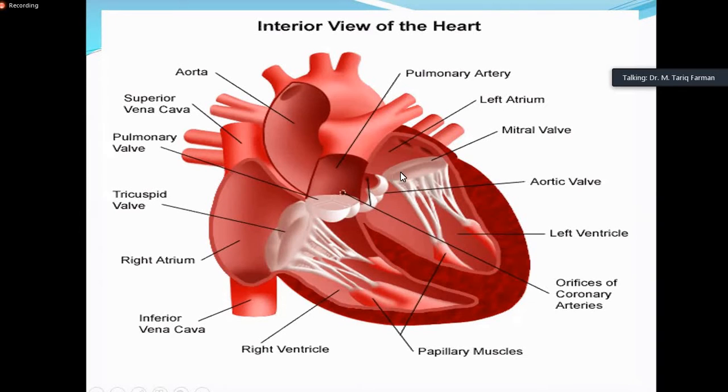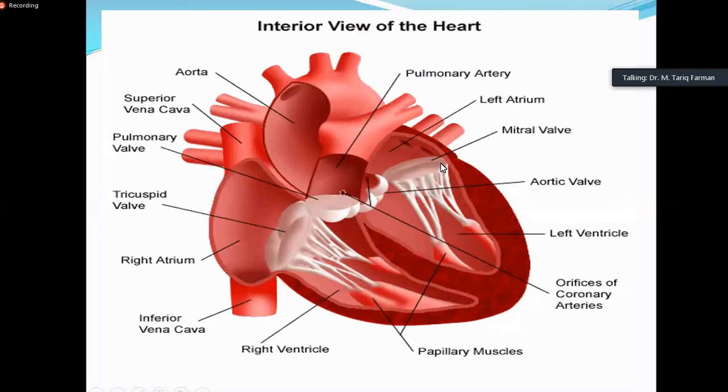So if the commissures are fused, you can imagine that the orifice is narrowed down. And these are the papillary muscles, these two, and these are the chordae, these two chordae attached to the anterior mitral leaflet and the posterior mitral leaflet.